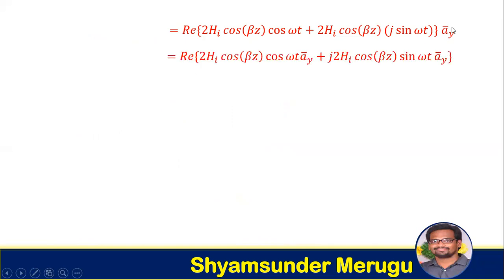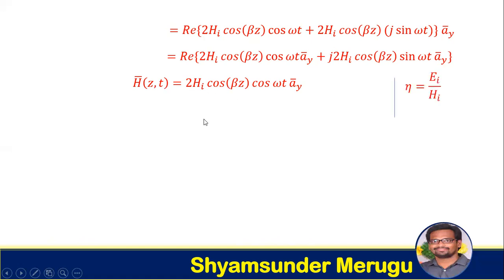Now taking the a_y direction to each individual term, we get the real part of 2H_i cos βz cos ωt a̅_y plus j 2H_i cos βz sin ωt a̅_y. Here we are interested in extracting the real part. So this term becomes the imaginary part, as j indicates that it is the imaginary part, and this will be the real part.